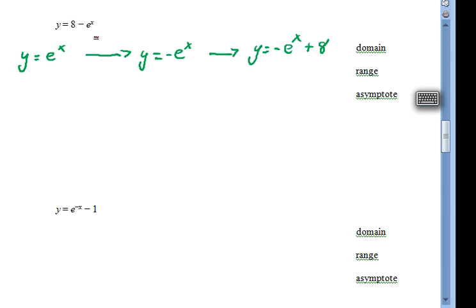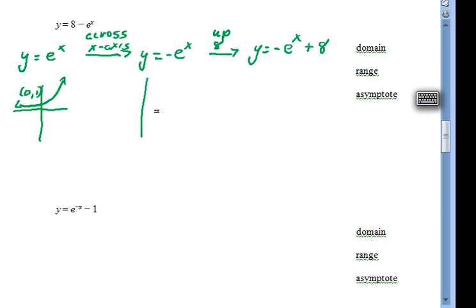So first of all, we'll reflect across the x-axis, and then we'll go up 8. Start with y equals e to the x with (0, 1), the y-intercept.